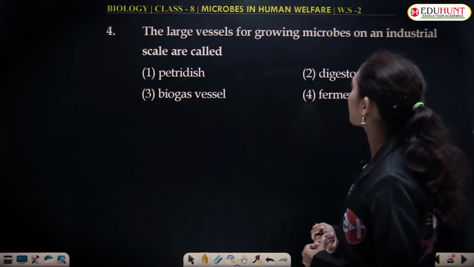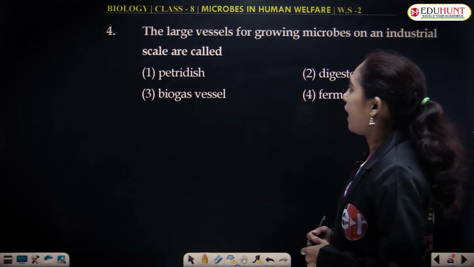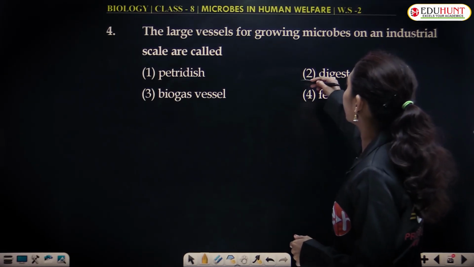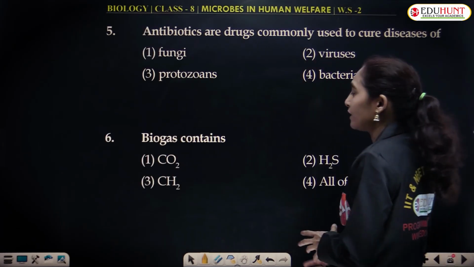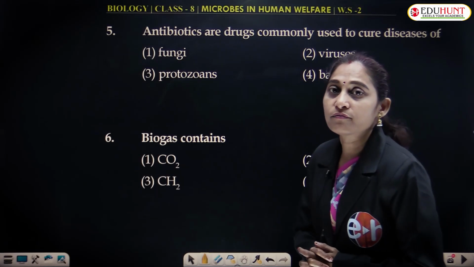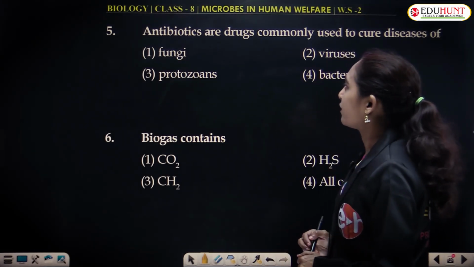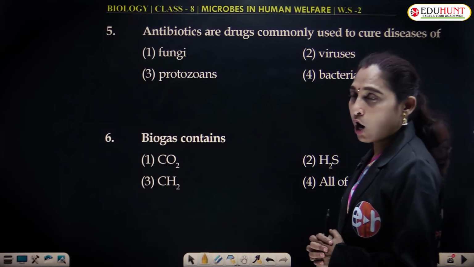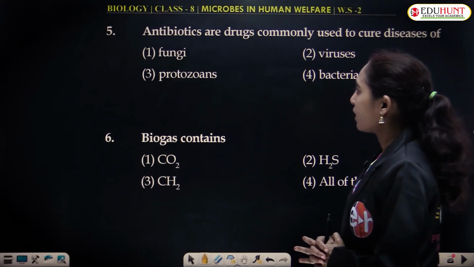The large vessels for growing microbes on an industrial scale are called digesters. Digesters are the large containers that are maintained to grow microbial organisms. Antibiotics are drugs commonly used to cure diseases of.